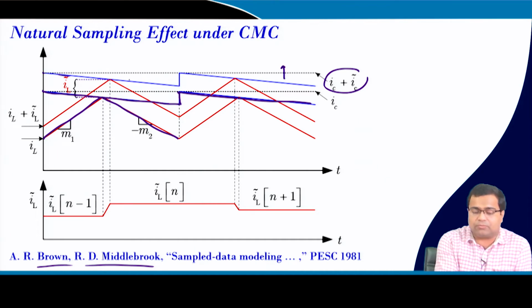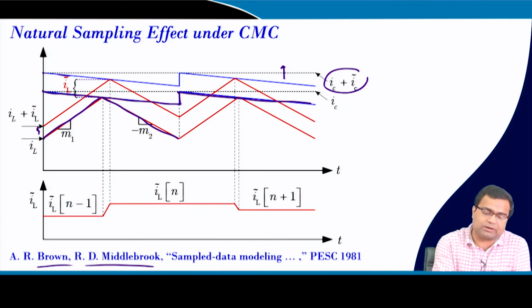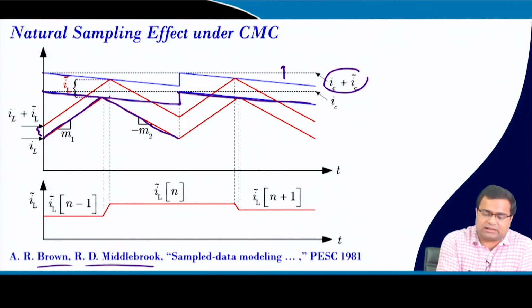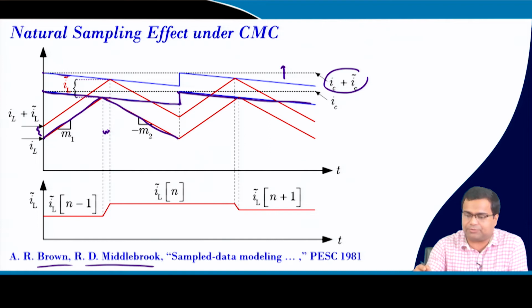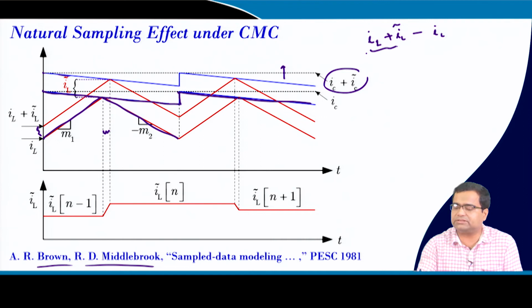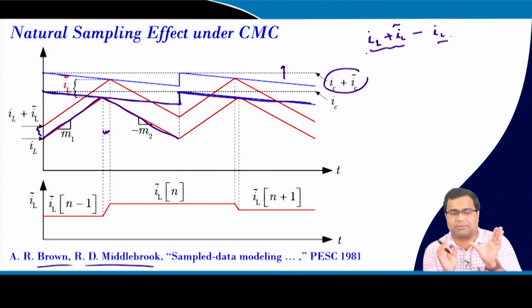Similarly, your ramp slope, the whole thing will get shifted up, and the inductor current is also perturbed, shifted up. Now, due to this perturbation, you see there is a change in the sampled inductor perturbation. That means we obtain IL plus IL perturbation minus IL, the original inductor current. So, there is an initial perturbation.